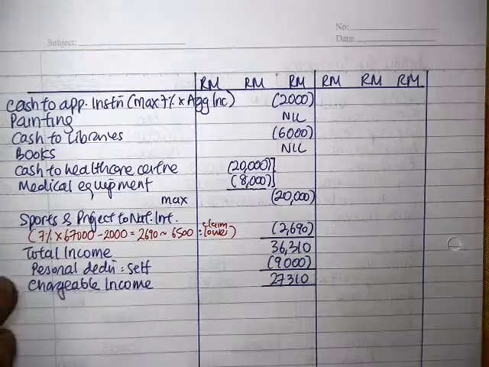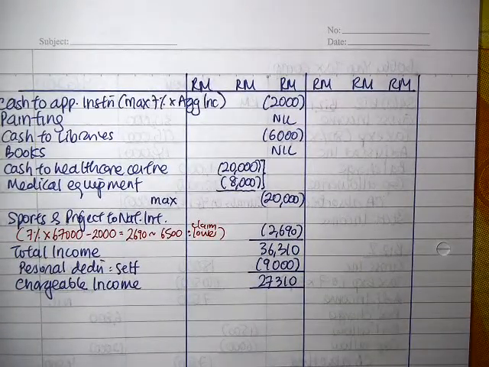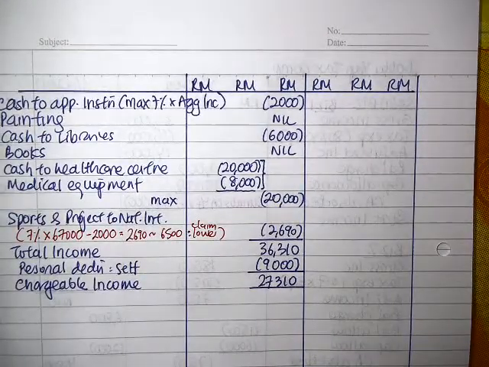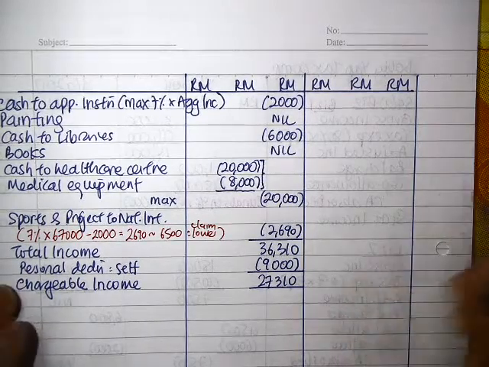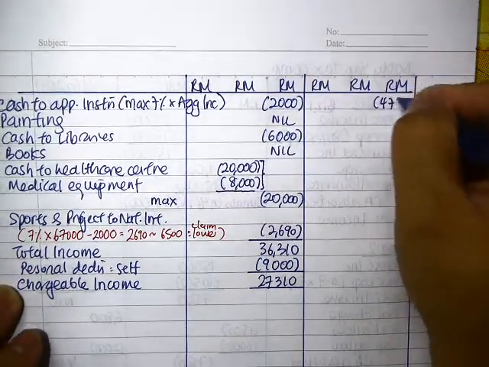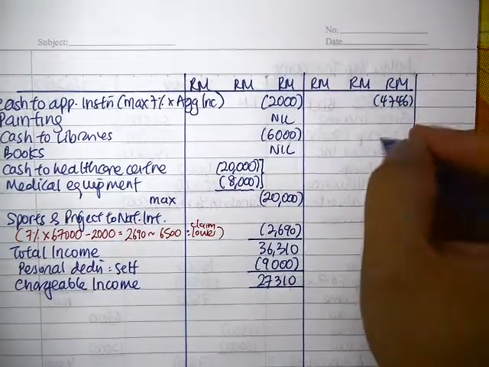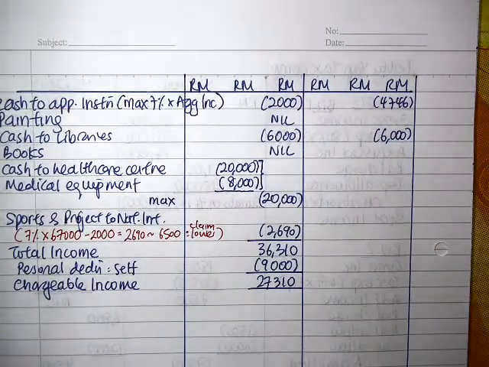Now show the donations. So 7% of 678 would be 4,746. You can't claim 5, you just claim 4,746. Cash donation to library is 6,000.